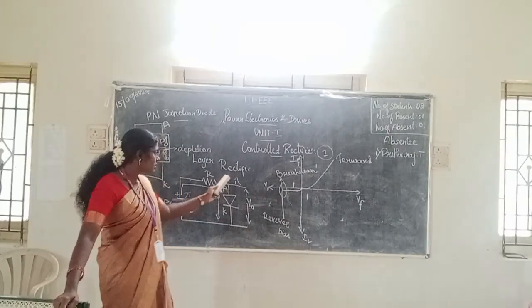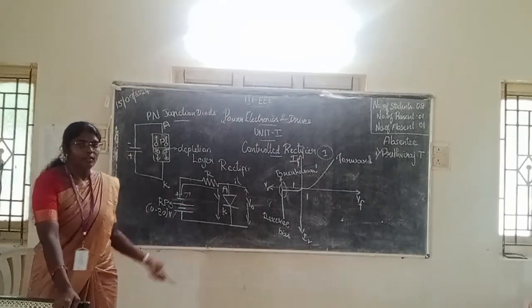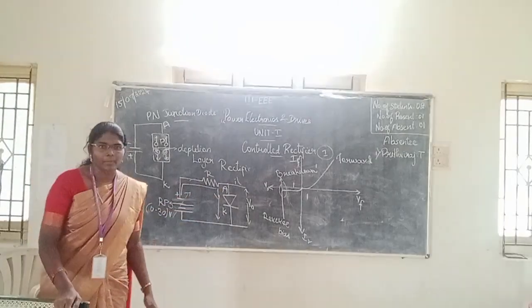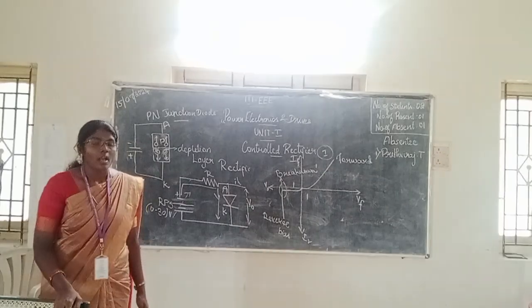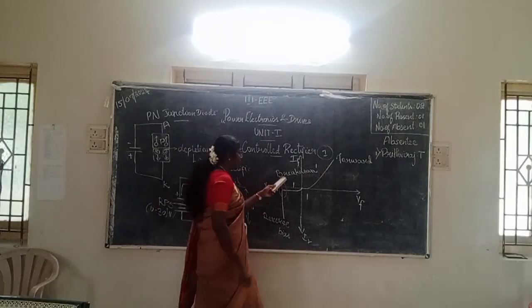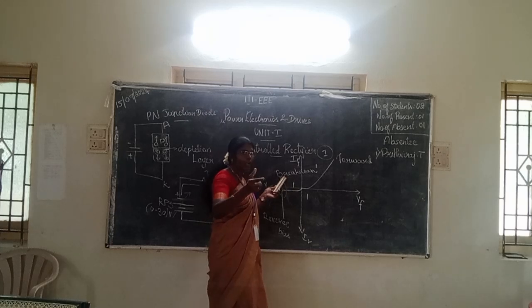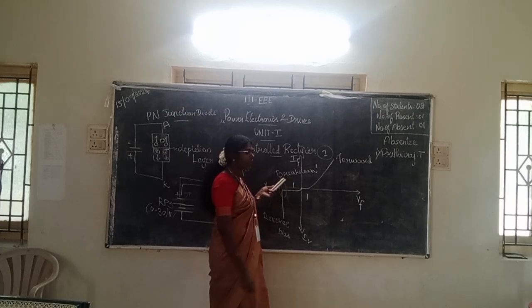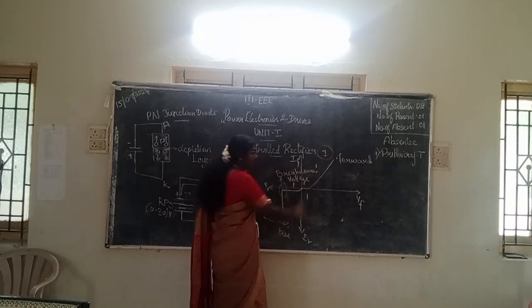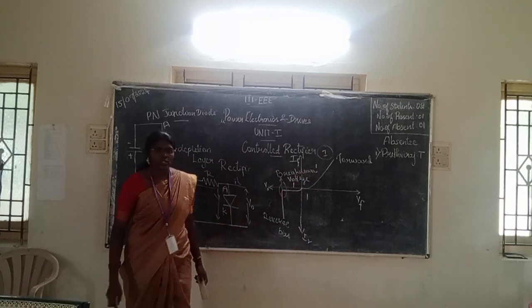During the reverse bias condition, with respect to the voltage, the current will remain the same for some period of time. It won't change. After a particular voltage rating, breakdown occurs. That particular voltage at which breakdown occurs is said to be the breakdown voltage.